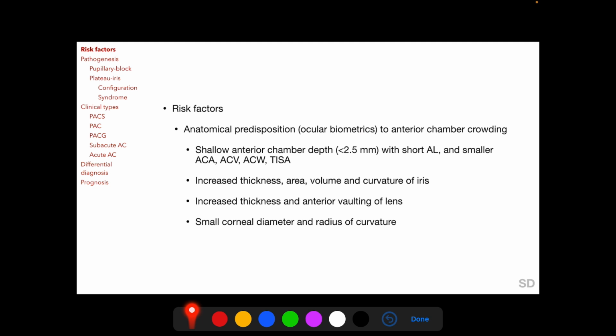The parameters include shallow anterior chamber depth of less than 2.5 mm, short axial length, smaller anterior chamber area, anterior chamber volume, anterior chamber width, and trabecular iris space area, increased thickness, area, volume, and curvature of iris, increased thickness and anterior vaulting of the crystalline lens, and small corneal diameter with increased curvature.